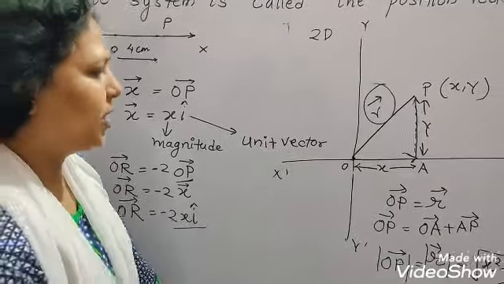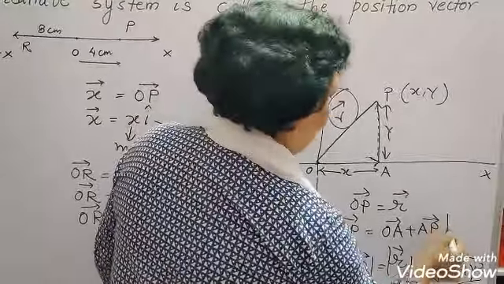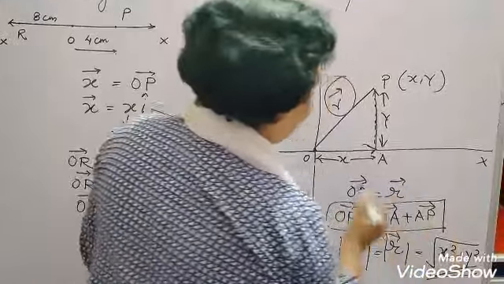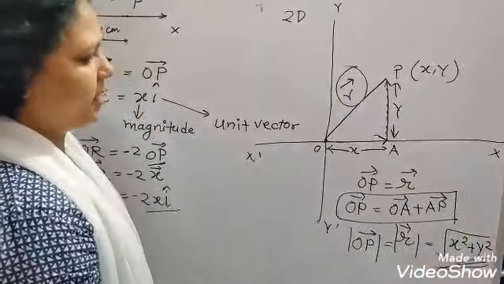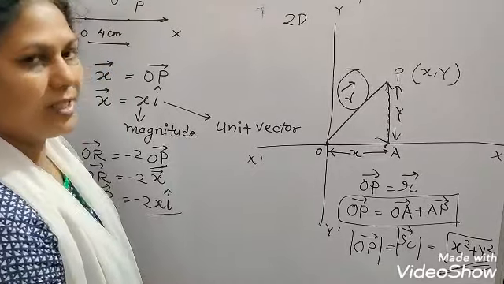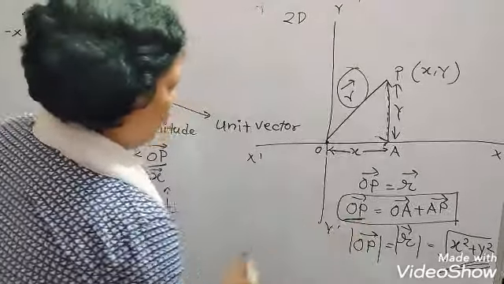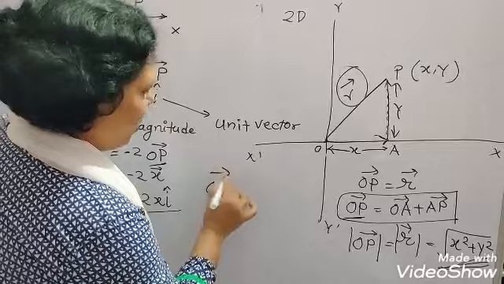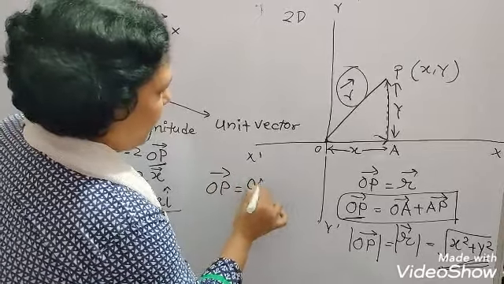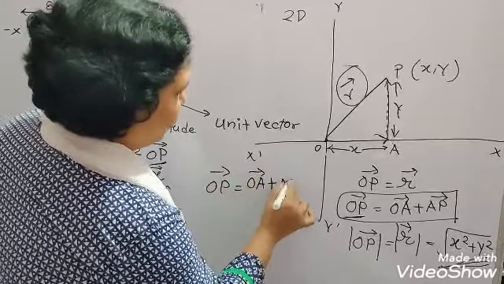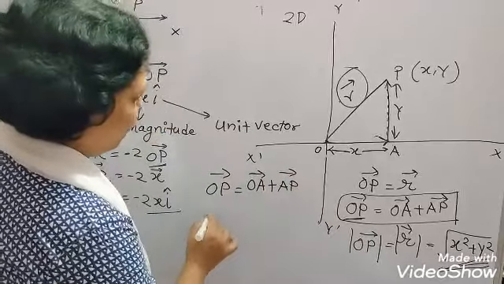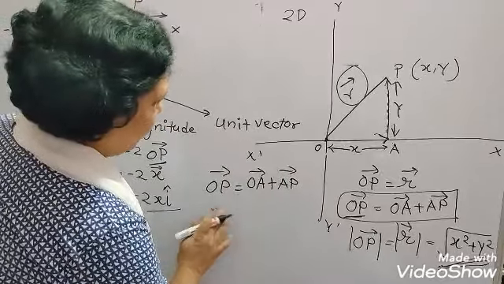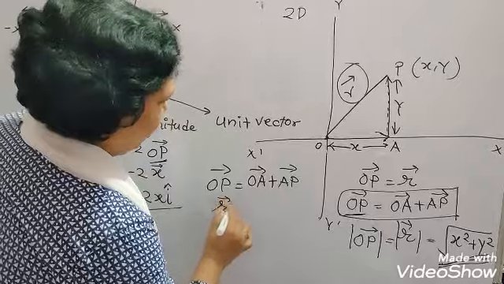Now you can see here, as we have represented OP is equal to OA plus AP. OP is actually R, the R vector here.